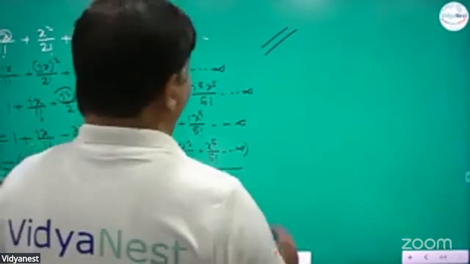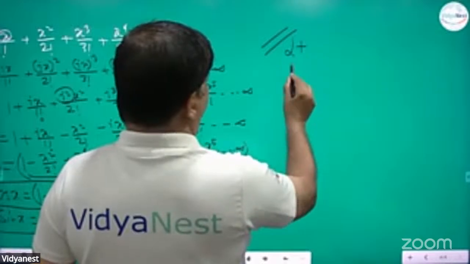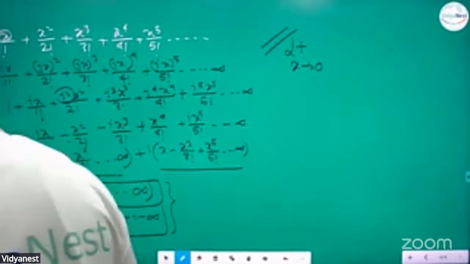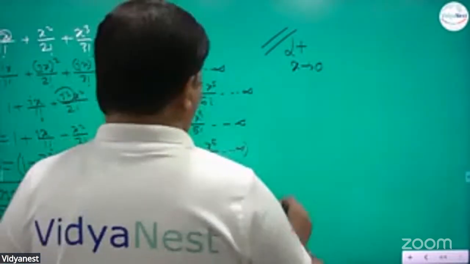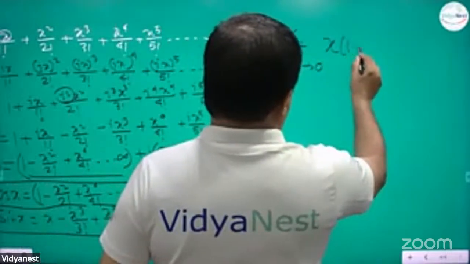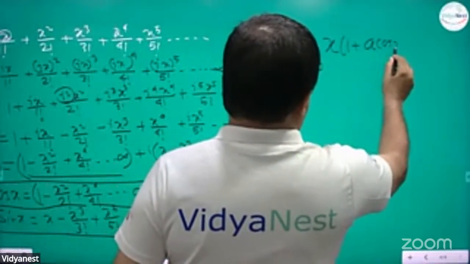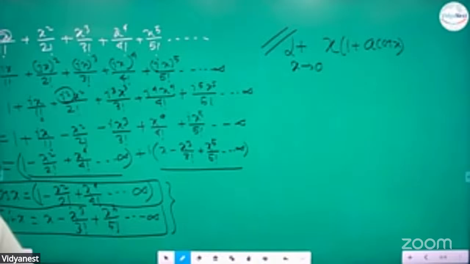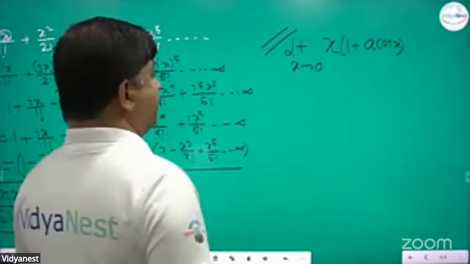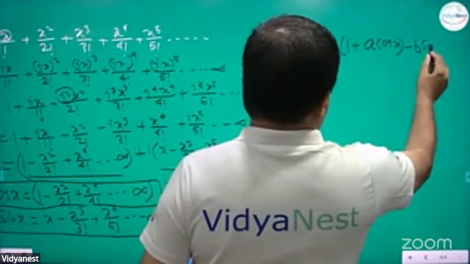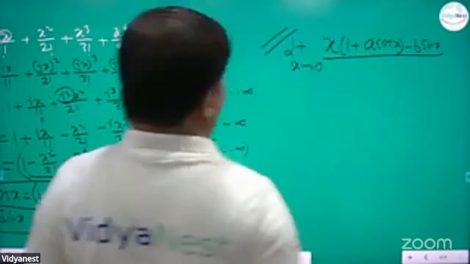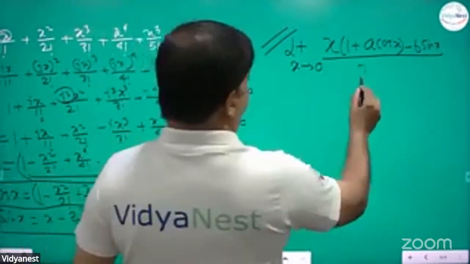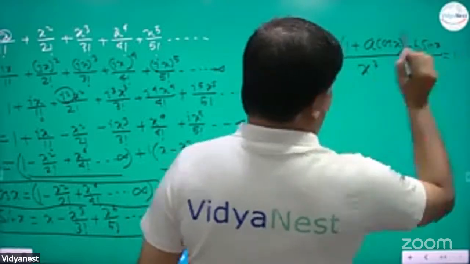It is given: limit x tends to 0 of x(1 plus a cos x minus b sin x) by x cube is equal to 1.